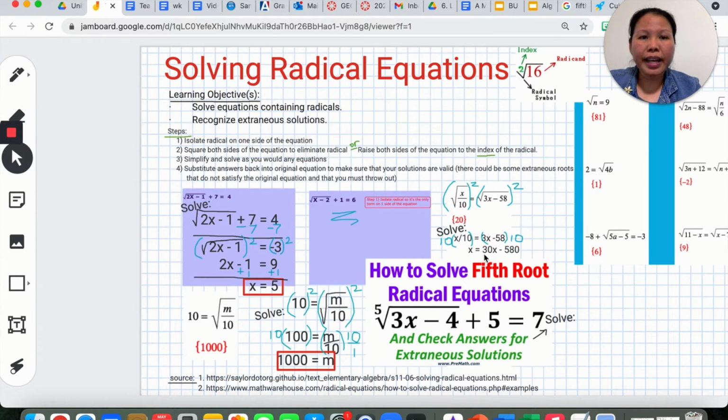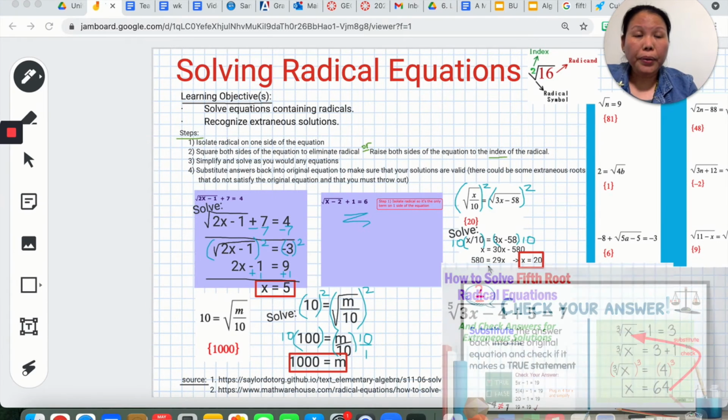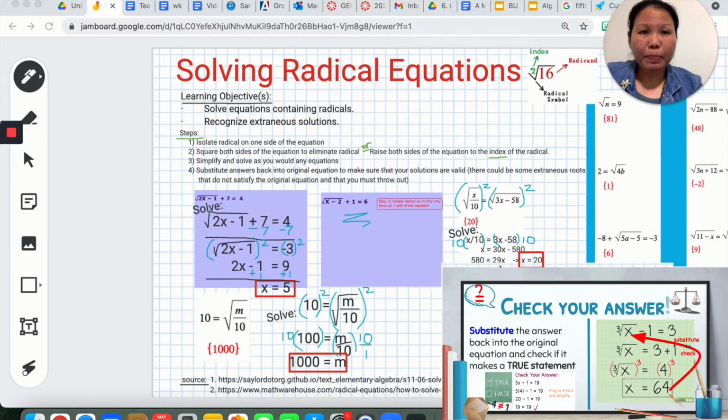In this case, I would try to have positive x, so I would just go ahead and subtract x, and then I will end up with 29x on this side. Bring the number to the other side, so I will get positive 580 to the left. Because of the limited space, I divide 29 into both sides, and I didn't write it here. 580 divided by 29, I get x equals 20 to be my answer.